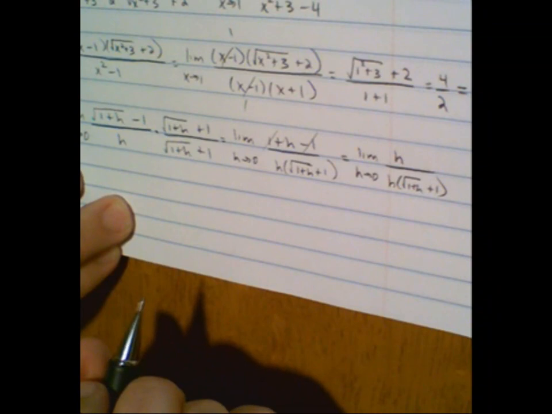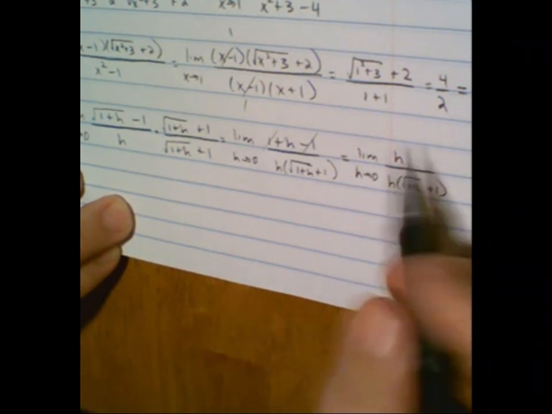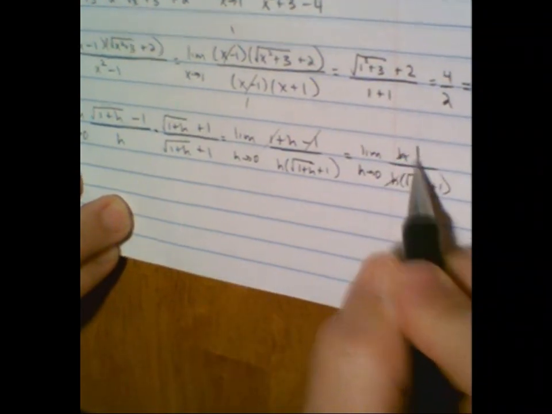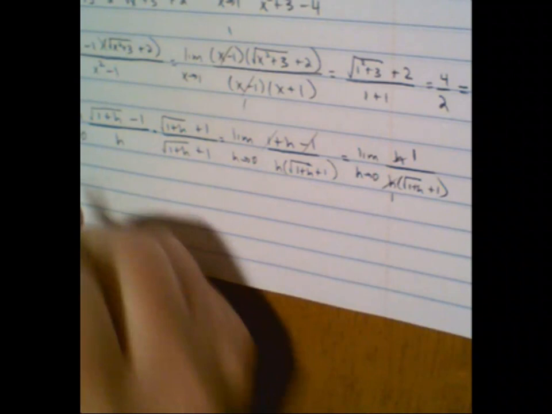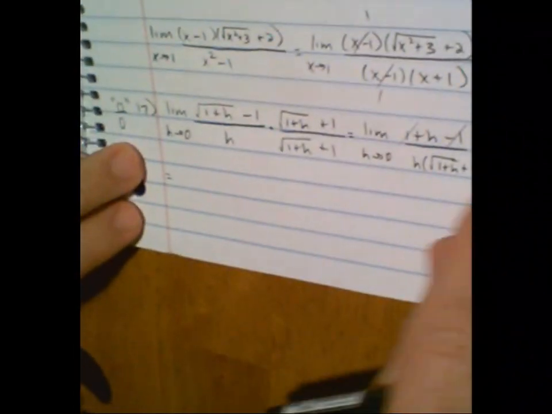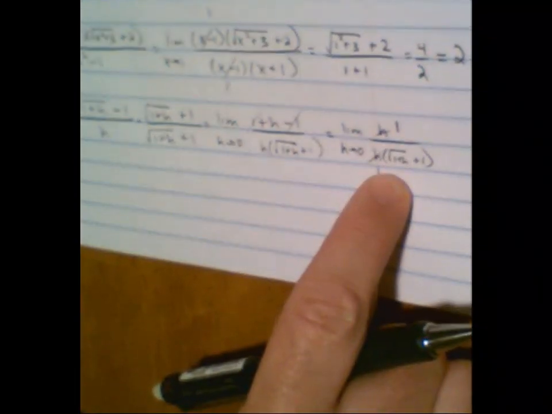The h's now are going to cancel. Don't forget, you must put a 1 as a placeholder in the numerator. It must be there. You'll get the wrong answer. And now when we plug in, we're going to plug in down over here. I'm going to plug in 0 for the h over here.